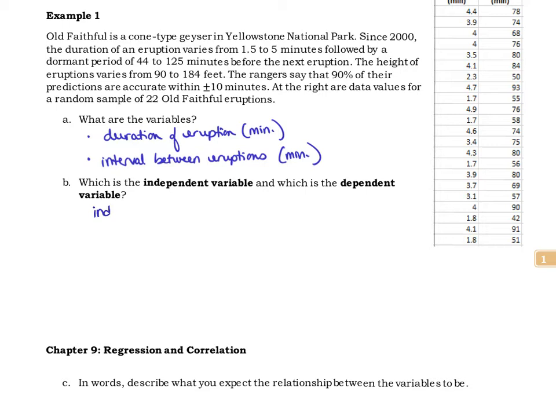So here, the independent variable is going to be the duration of the eruption. That's the one that's going to kind of come first, if you will. And then the dependent variable is going to be that interval between eruptions.